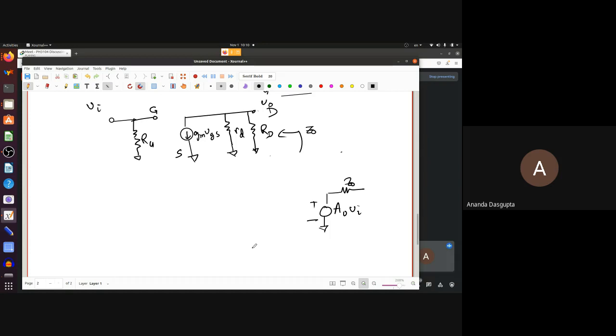So that's the effective output side of an amplifier. What we want is just to find out what ZO is, and get rid of this AVVI part. So what is the easiest way of getting rid of AVVI?